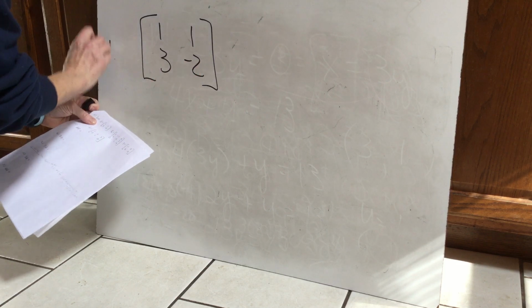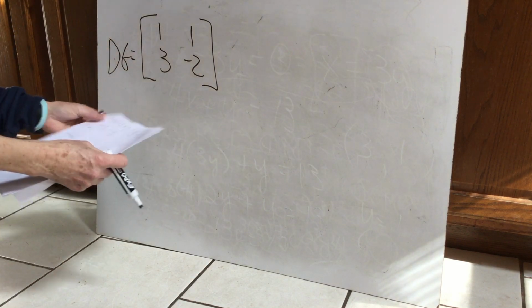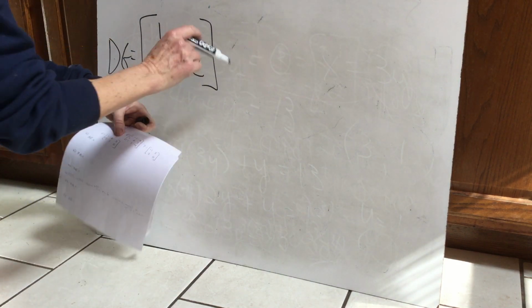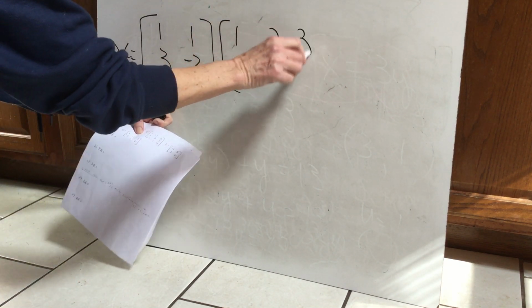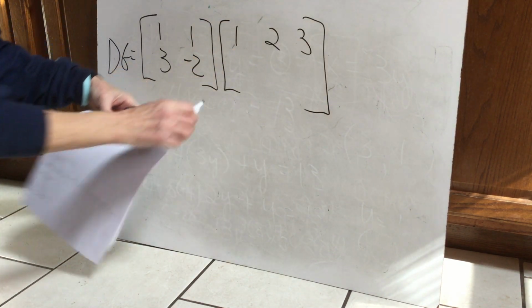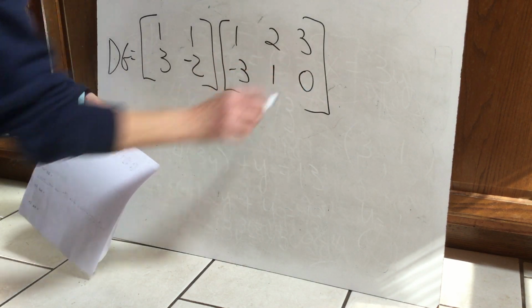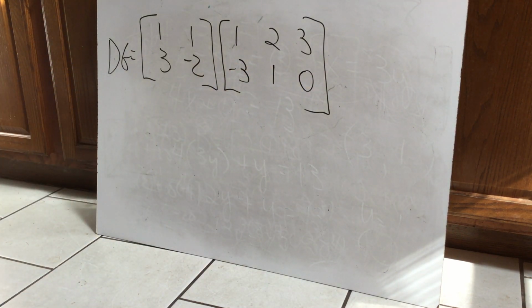This is D. I'm doing DG. And then matrix G, which is [1, 2, 3; -3, 1, 0].